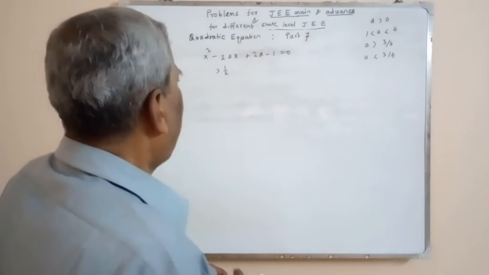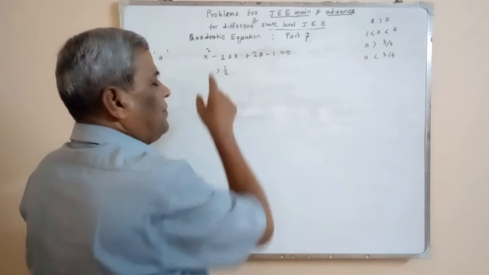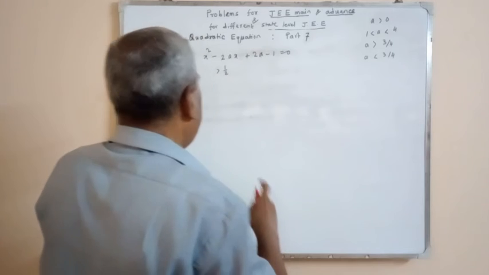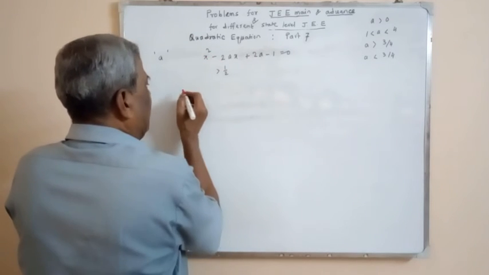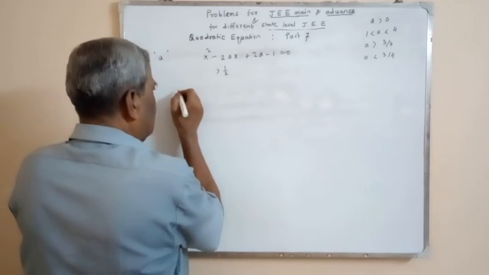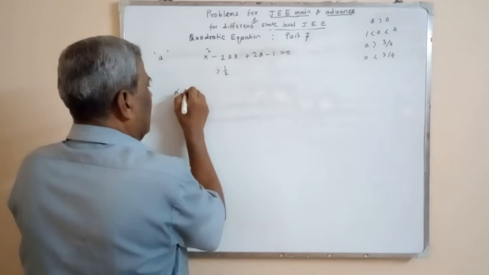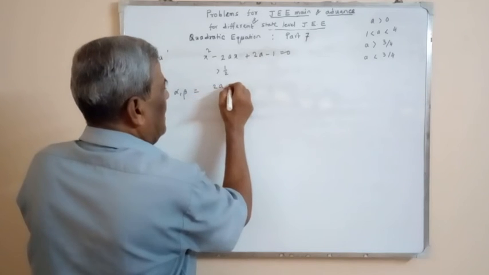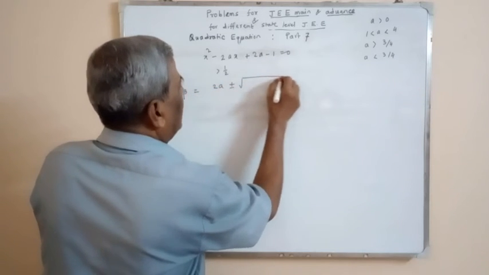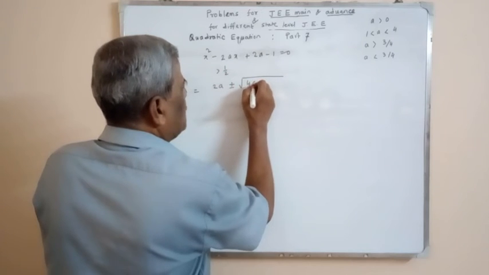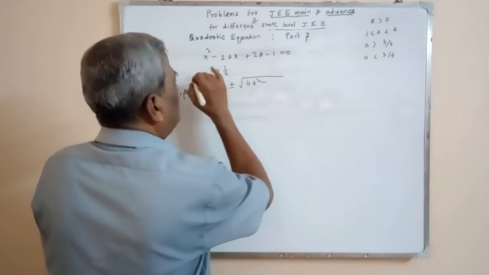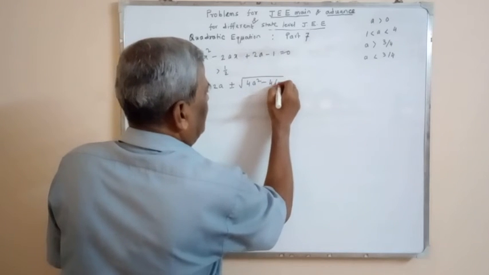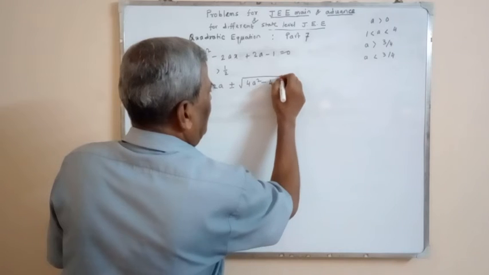So, we can find the roots of the equation by using Sridhar Acharya method, and by that we get roots alpha, beta equal to minus b, that is 2a, plus minus root over b square minus 4ac, by 2a.